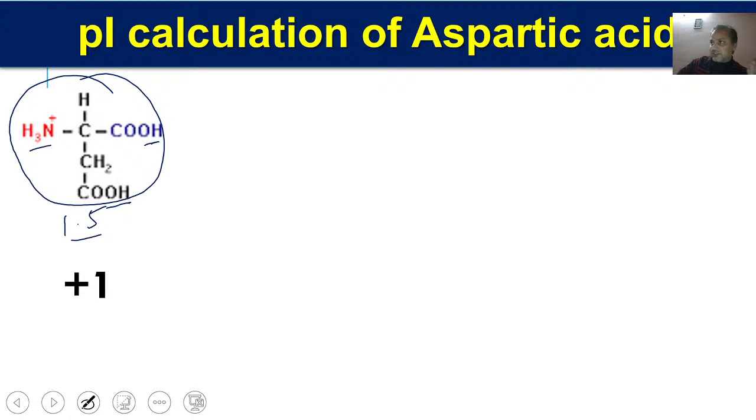Can you tell me what the total charge is in this case? We have only one positive charge, no negative charge at all. No charges here, no charges here, only the amino group is having one positive charge. So we have written one positive charge. Clear?